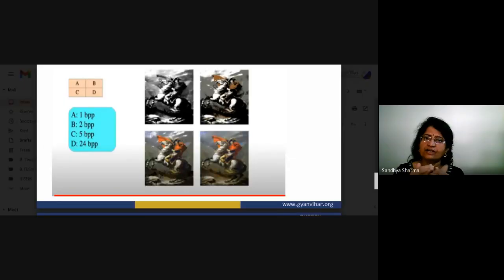Before starting the objective questions, we have to again see the basic color theory that we use. There are two or three more factors to remember. One is bits per pixel. What is the role of color and bits per pixel? When we increase the bits per pixel, there is a large number of levels.